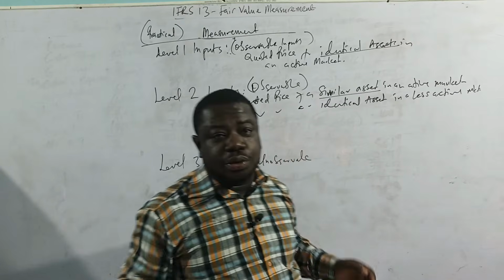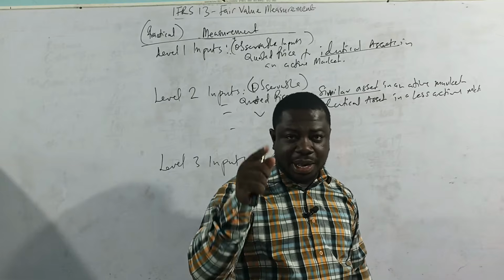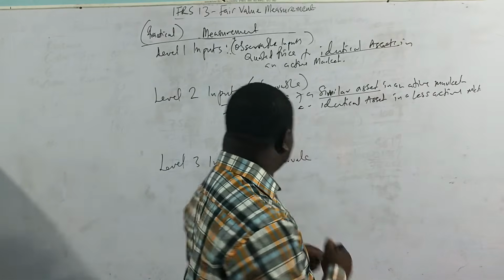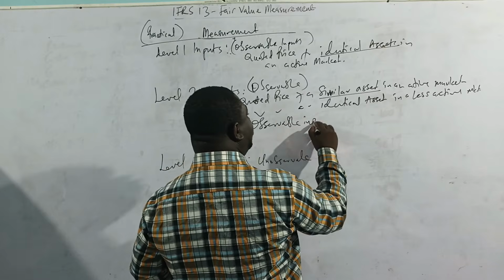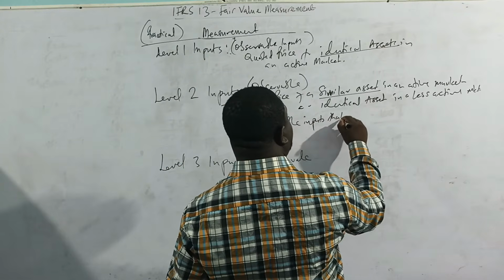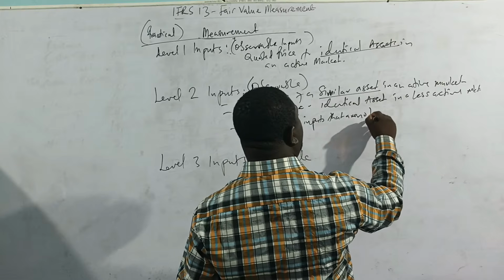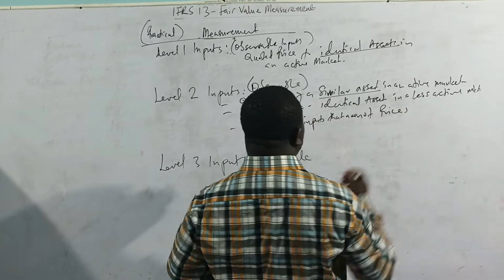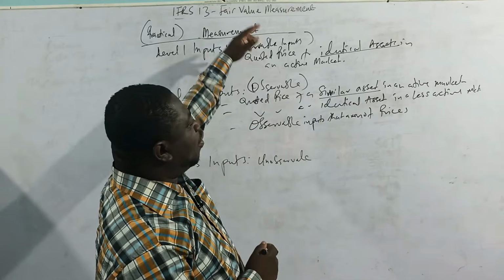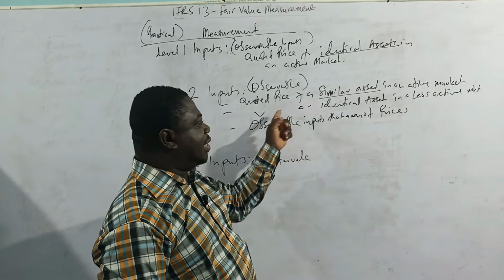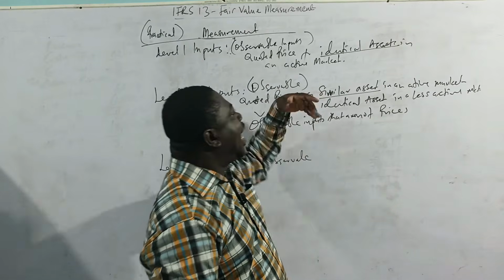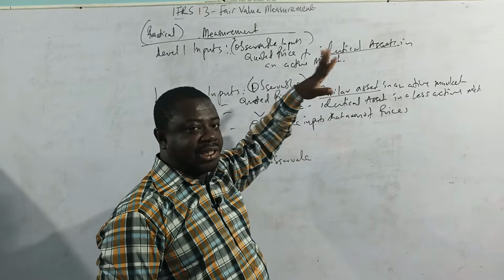There are so many things that could affect pricing of an asset on the market. Most of them are economic factors. So observable inputs that are not prices. You could see that all that we have already written are prices. This is a price. This is also price of similar asset. This is also price of identical. Everything we have looked at is about price.